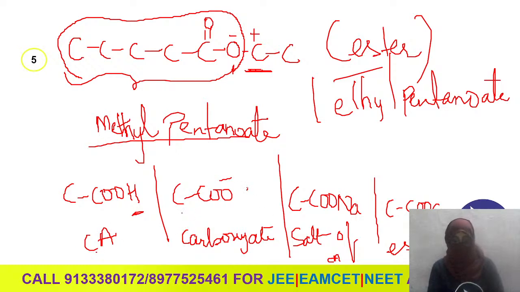H went, negative charge came, that is attracted by sodium. They are called sodium salt of carboxylic acid or salt of carboxylic acid. And next, if this negative charge is satisfied by a carbon chain, that is called alkyl carboxylate, which are nothing but esters.